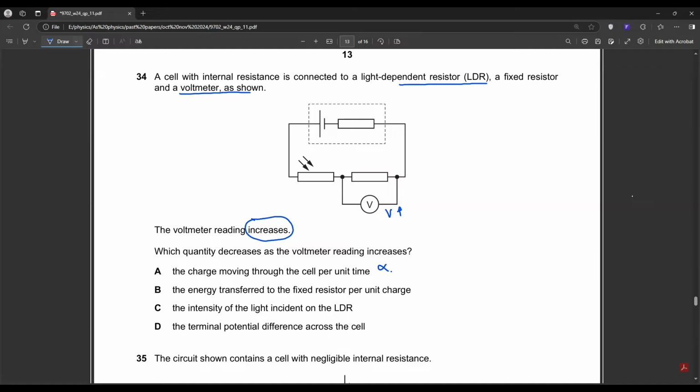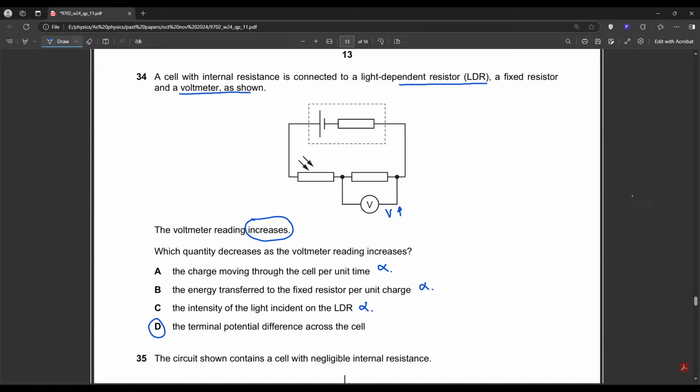No. The energy transfer to the fixed resistor per unit charge? No. The intensity of the light on the LDR decreases as voltage increases? No. The terminal potential difference across the cell decreases as the voltmeter reading increases? Yes, D can be your option.